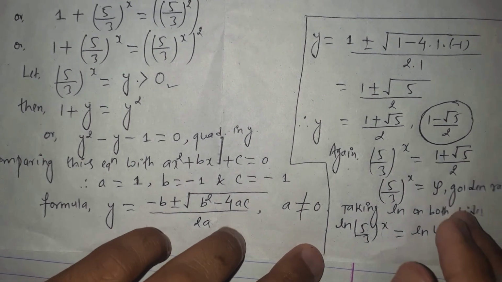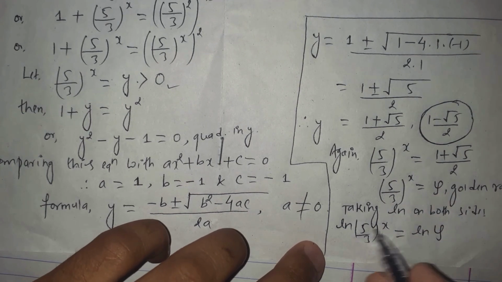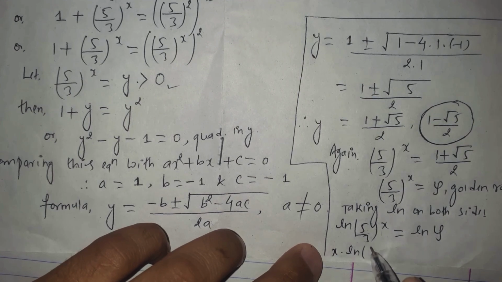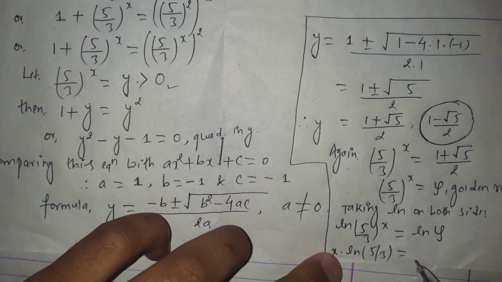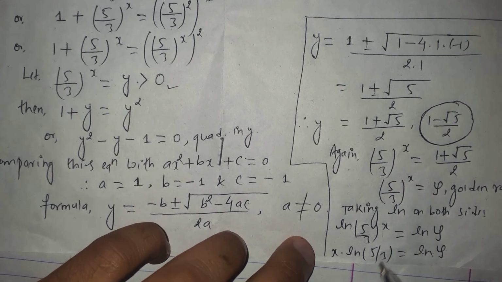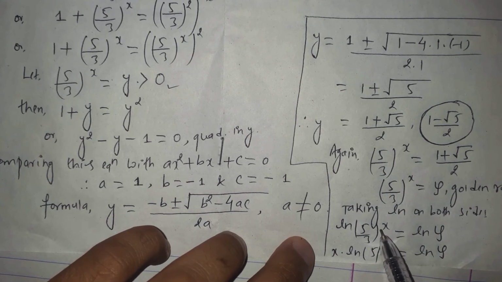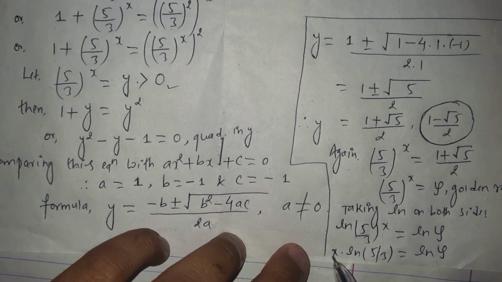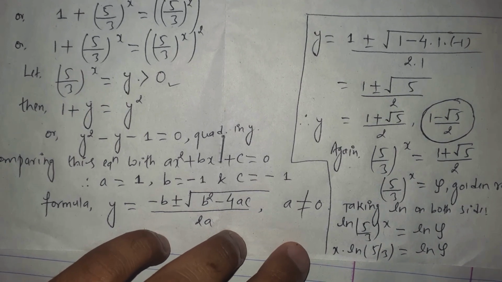By using the concept of the logarithm, we can drop this power in the front. So x times ln(5/3) is equal to ln φ. Here we just use the power rule: the power of the argument comes in front by the property of the logarithm.